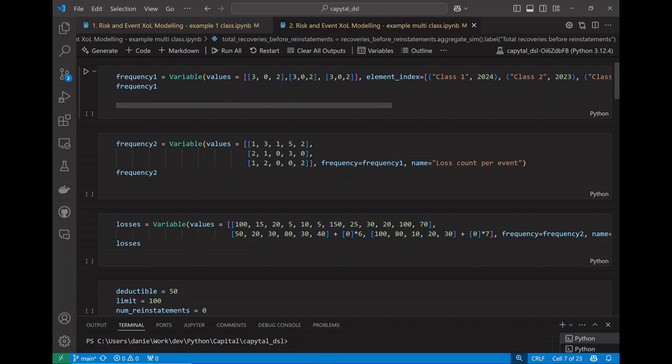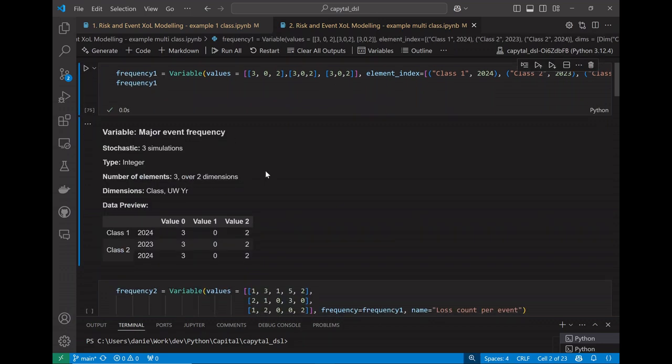So the individual asset or risk-based losses being passed into the risk XoL contract, and then that step of aggregation into the event totals to then pass them into the event excess contract. But we didn't have any classes, and event excess and per risk excess also behave a little bit differently when you've got multiple classes involved, so it's worth extending the example to look at that.